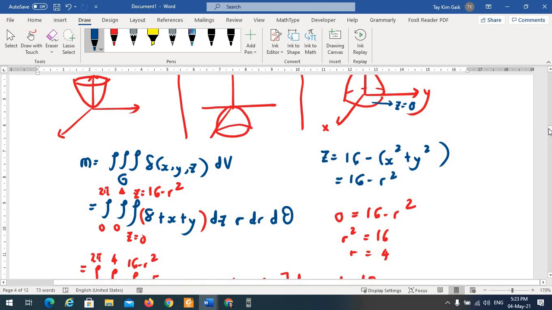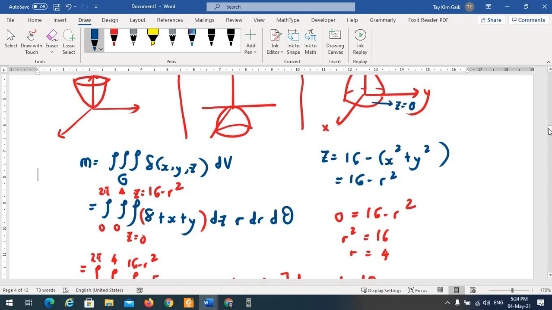And then we use cylindrical coordinates. So the dy dx or dA changes to r dr d theta. So you need to know the limit of r. To get the limit of r, you get the projection of the region, which happens when z equals 0. So you let z be 0, you have r squared equals 16, r is 4. That's why r is from 0 to 4.